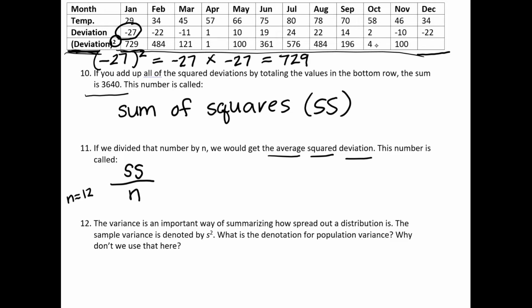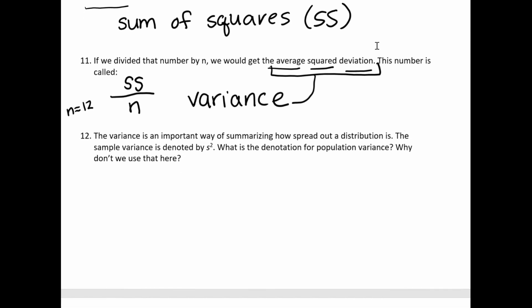We add them up and divide by however many we added up. Now this number also gets a special name in statistics, and this is called the variance. The variance is essentially the average squared deviation. Just to connect with some terminology.